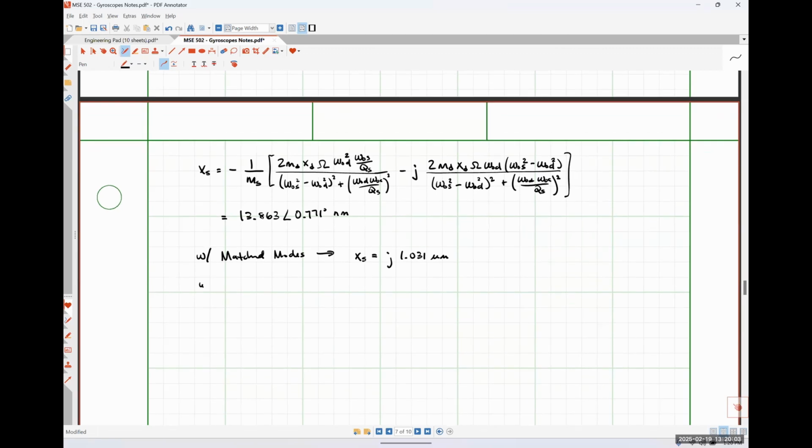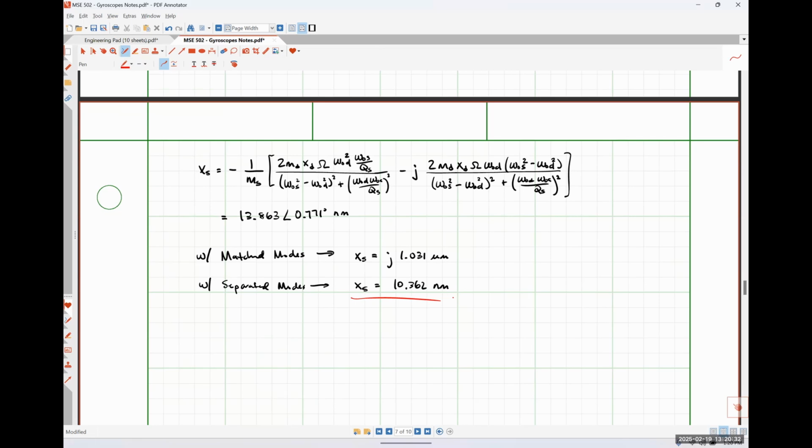And with separated modes, I would have got my displacement to be 10.362 nanometers. This guy right here is actually pretty damn close to what we calculated, right?